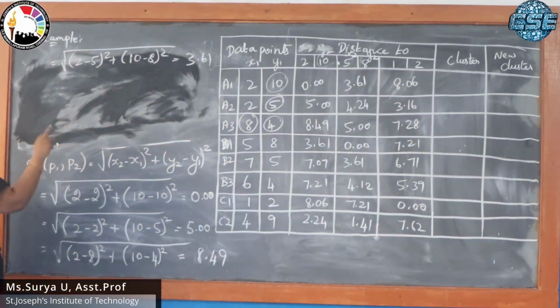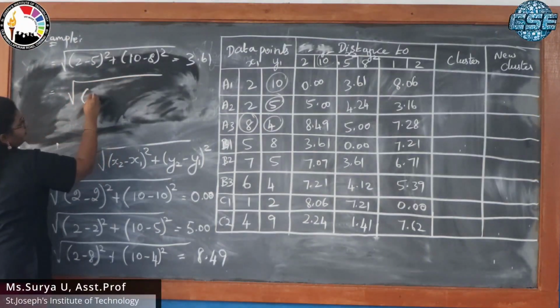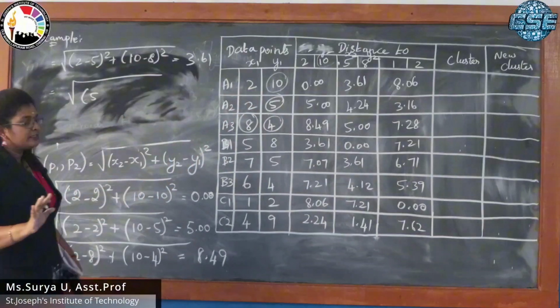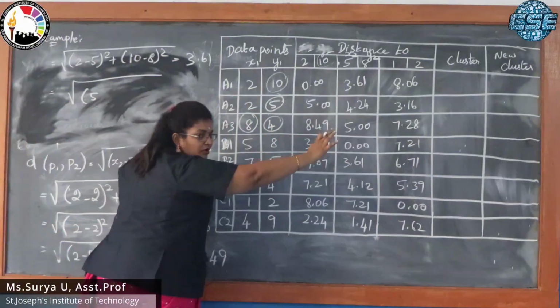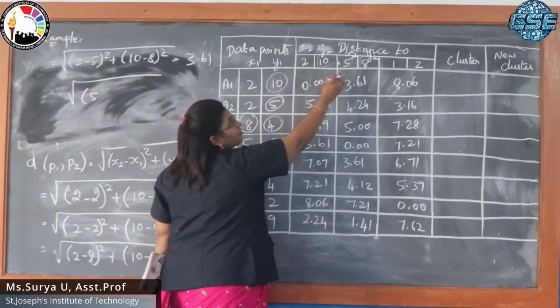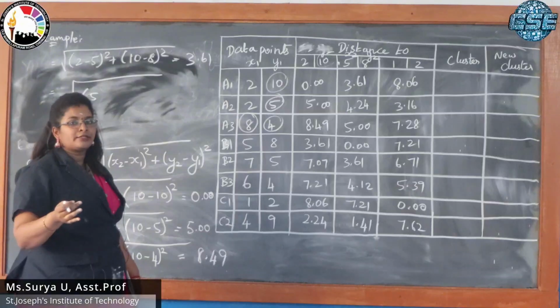So to solve that, what is the x2 value? Your x2 value is 5, right? 5 minus x1. So x1 and y1 remain the same through all the 3 steps. But your values will change when these 3 centroid values change. You have to compare with centroid 1, centroid 2 and centroid 3.